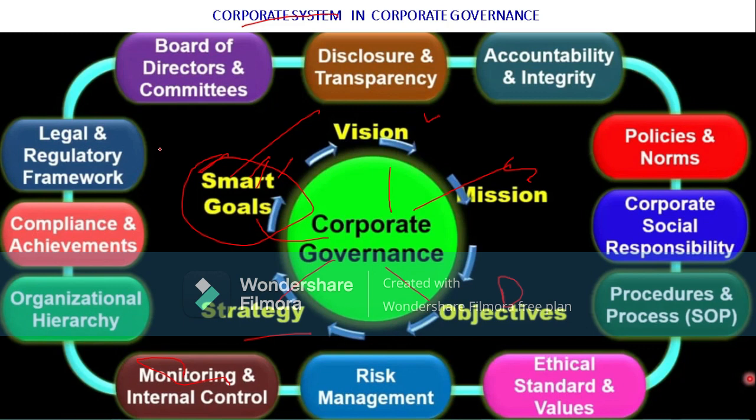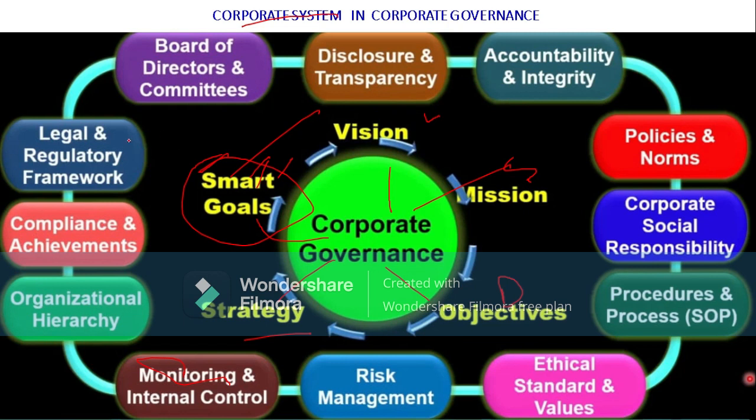Likewise, appointing the directors should be according to the Companies Act only. Appointing the committees, appointing the board of directors. Different aspects regarding organizational activities should be according to the provisions of the Companies Act 2013.